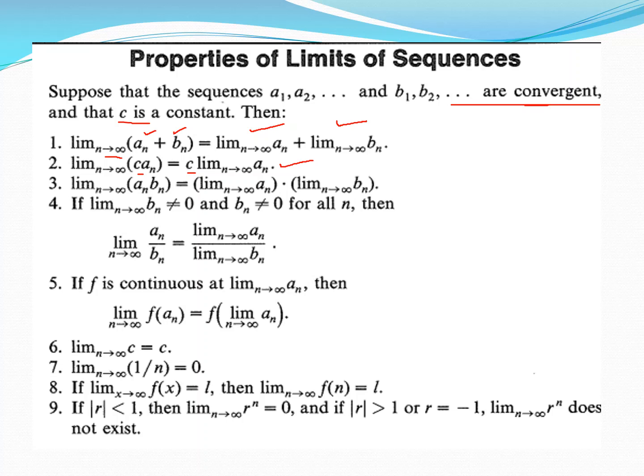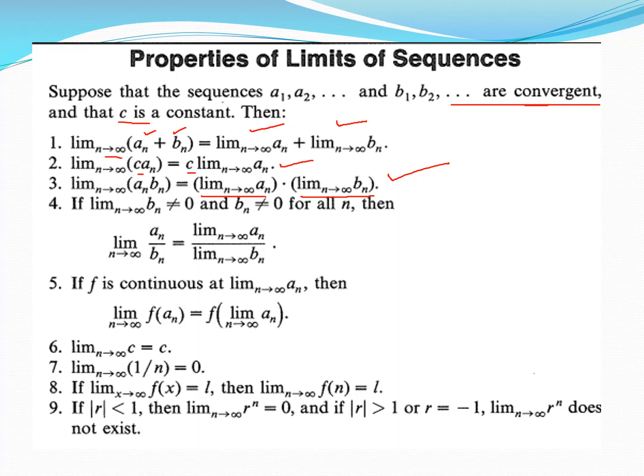In the third property, if we want to take the limit as n approaches infinity of the product of an and bn, we can take the product after taking the limit of an and bn.